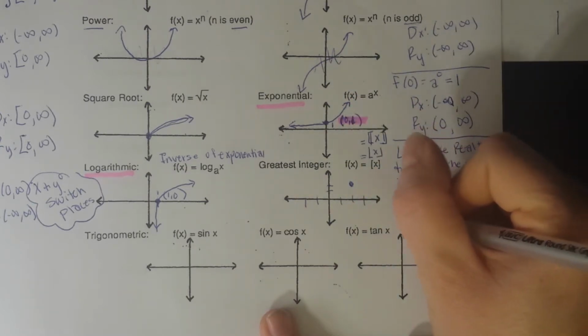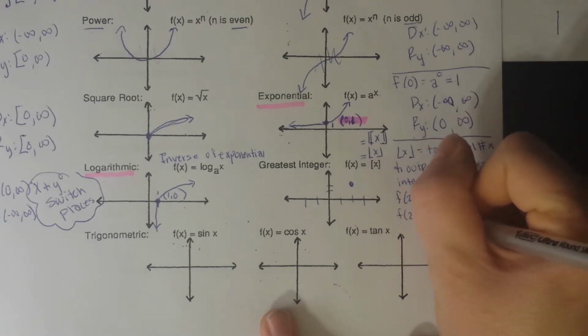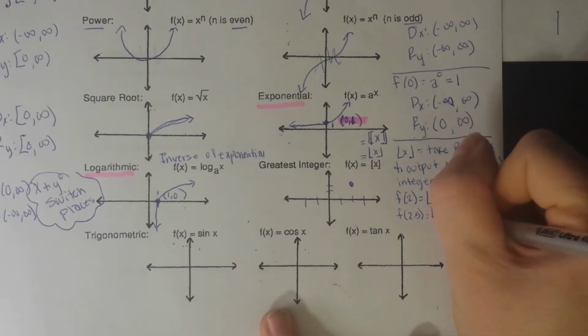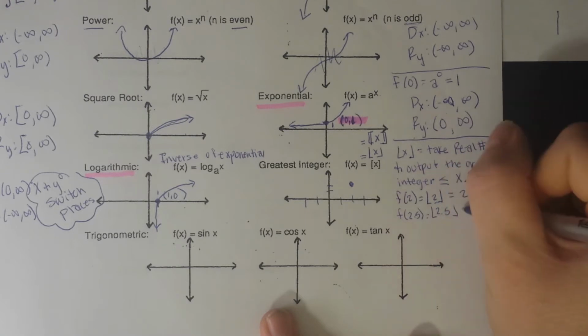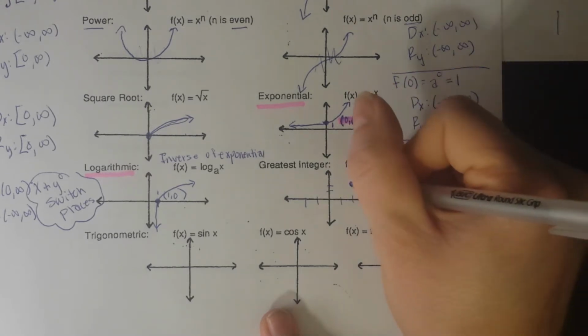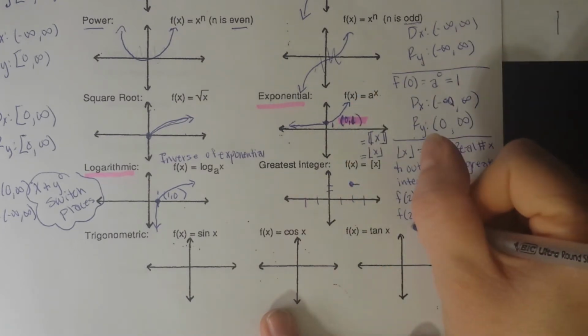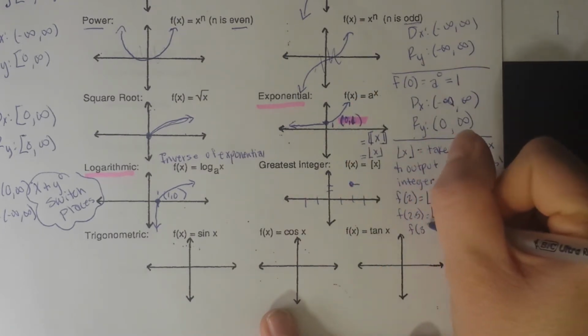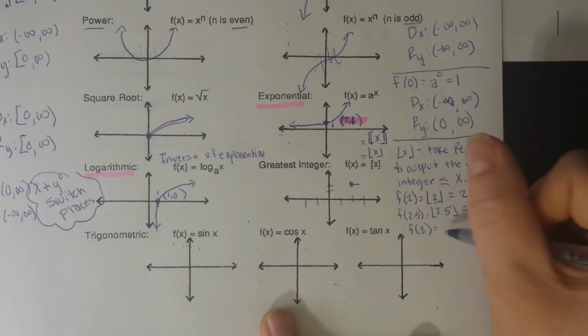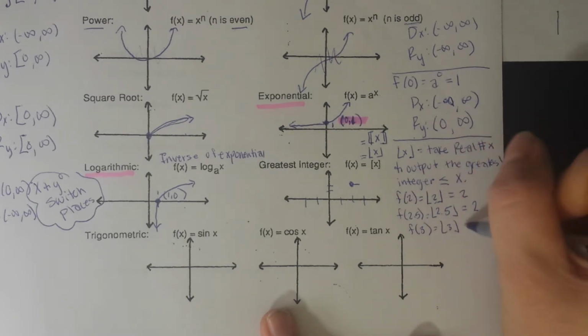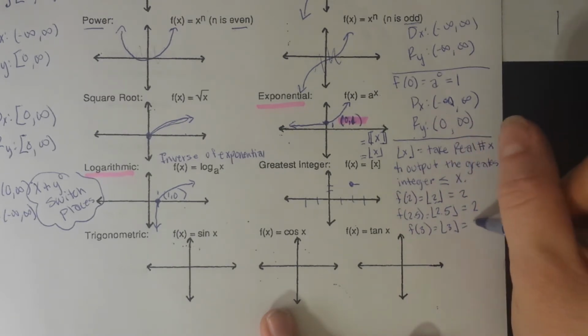But let's say we input 2.5. We're going to get less than or equal to 2.5 is still 2. But if we input f of 3, the greatest integer less than or equal to 3 is 3.